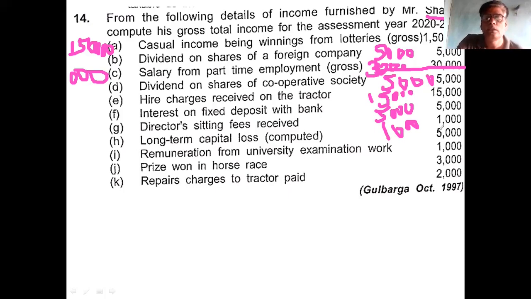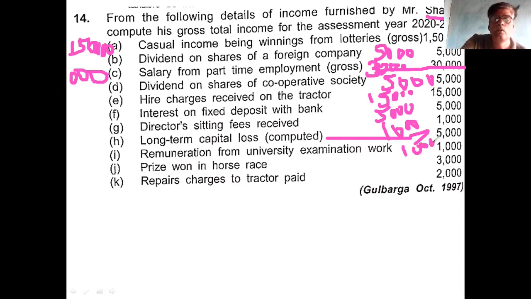So you write this in the inner column and in the bracket you write long-term capital loss carry forward to next year. This is to be carried forward to next year. Remember this. You don't write in the outer column. Then next is remuneration from university exam 1,000.